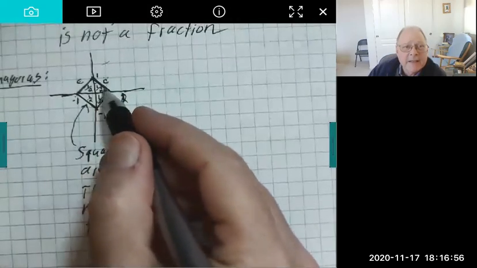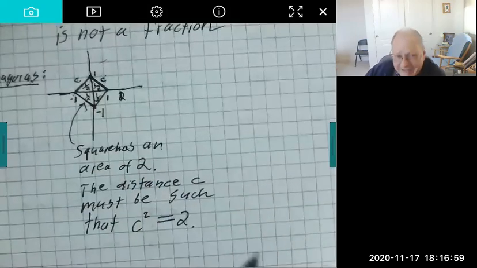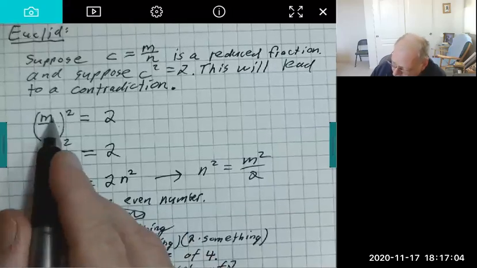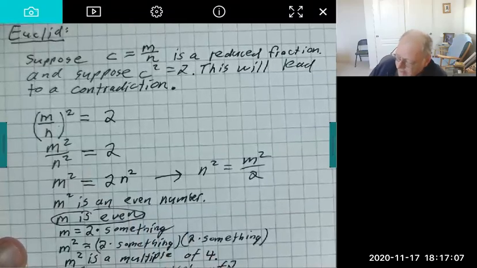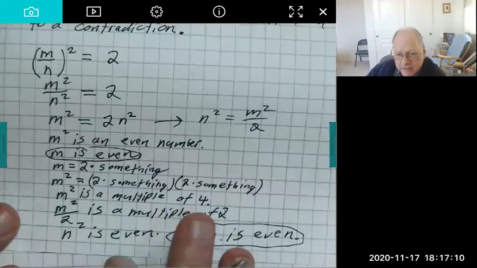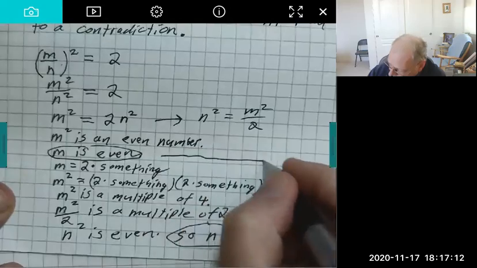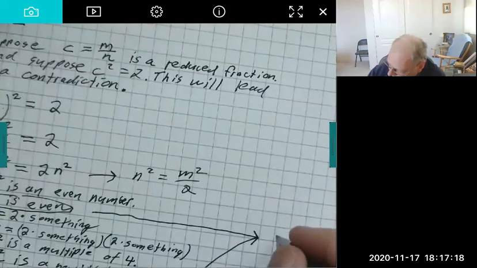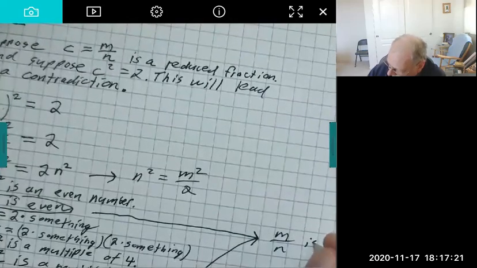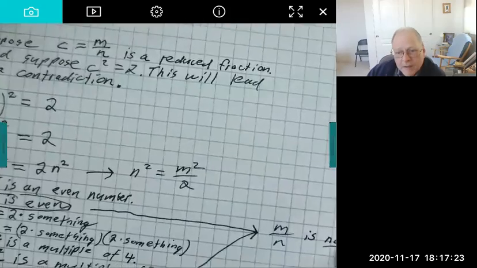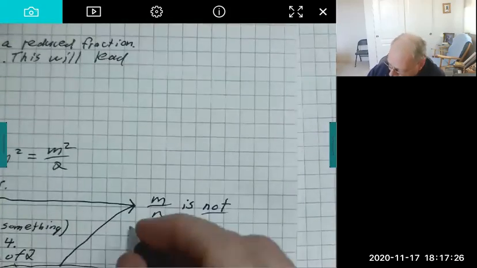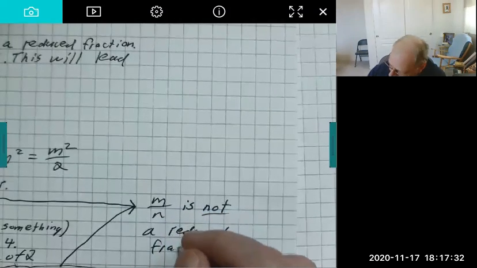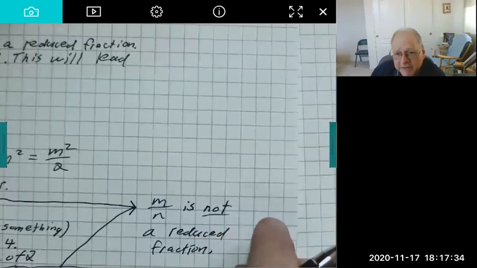If that distance squared equals 2, and it's a fraction, then the numerator is even, and the denominator is also even. So m over n is not a reduced fraction.